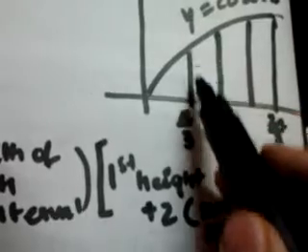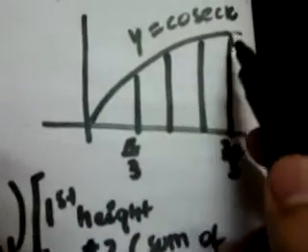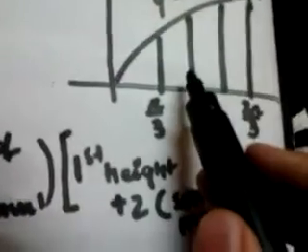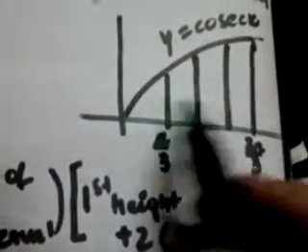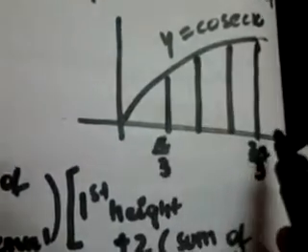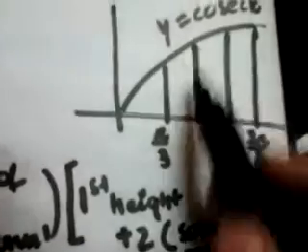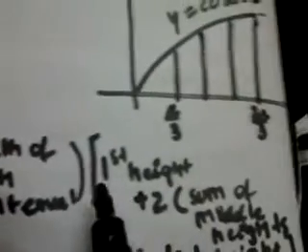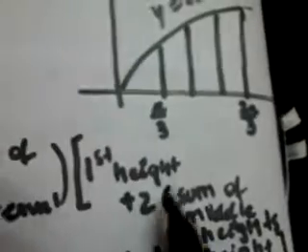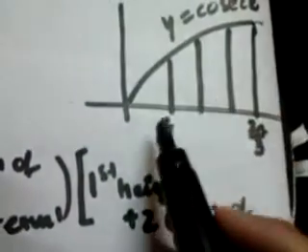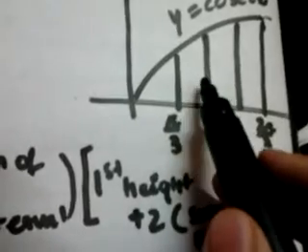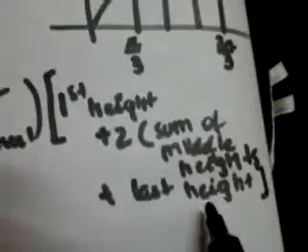Now this is the first height, this is the last height, and all the heights in between, in this case 2 heights, these are the middle heights. So it goes times the first height plus 2 times the sum of middle heights. So first height plus 2 times this height plus this height, plus the last height.